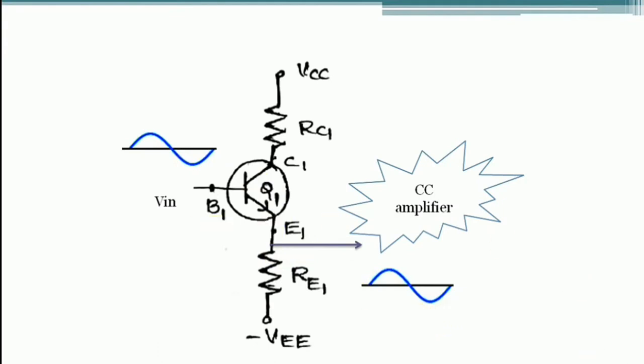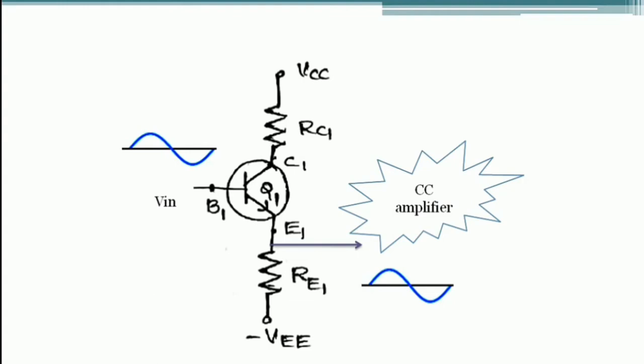Why do we have to observe the waveforms at the collector and at the emitter terminal? Because while doing the analysis, whether an AC analysis or a DC analysis, if you want to observe the signal appearance, then these basics are very helpful in order to properly understand those concepts.